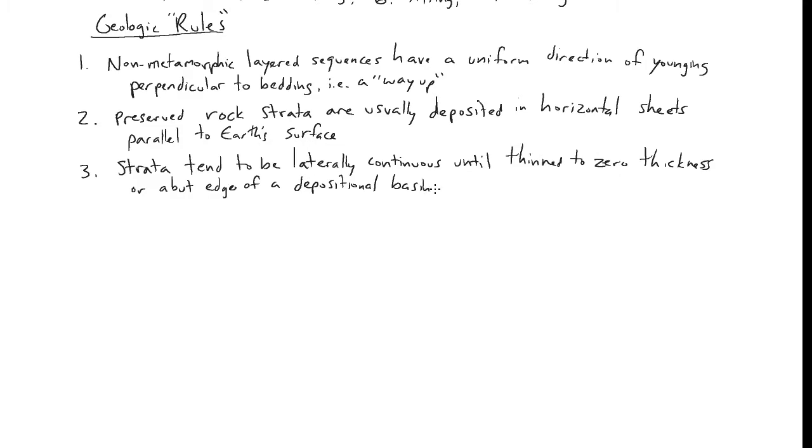So basically this one means sedimentary layers, at a large scale, don't tend to just end. They don't just end abruptly. They tend to get thinner. If you find some quartzite layer, it tends to go on for a long distance and gradually get thinner. Usually doesn't just end abruptly.